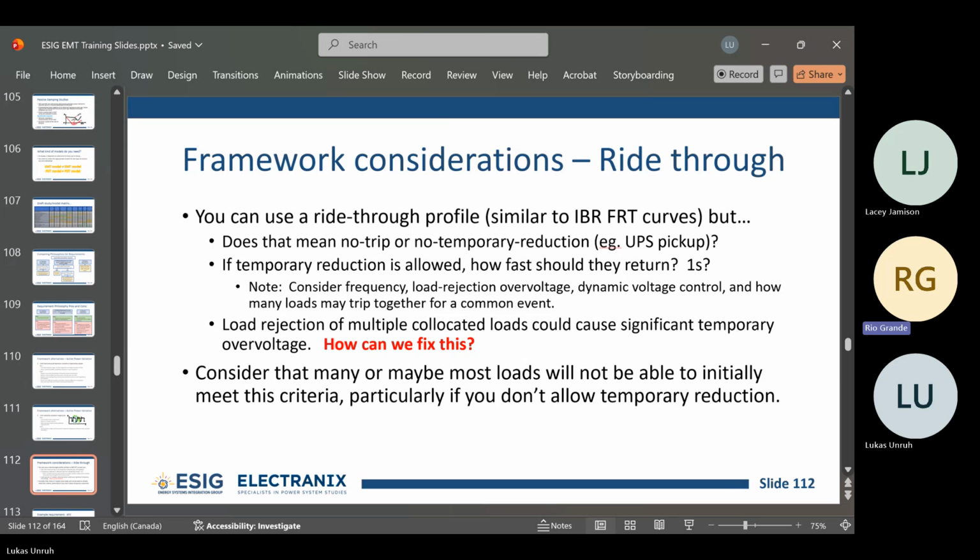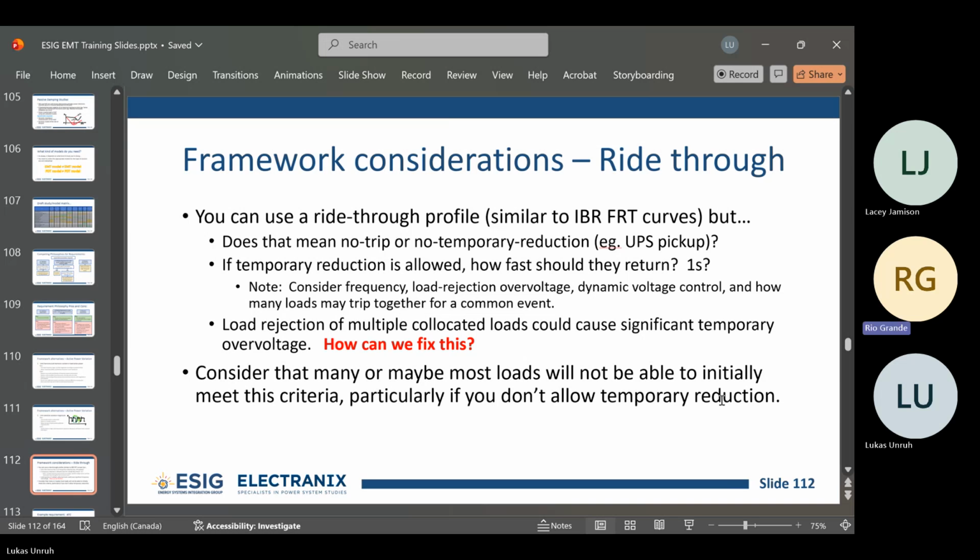As I mentioned, these loads are kind of where IBRs were maybe 15 years ago. They don't really have any ride-through capability at the load level. They're working to fix that, but if you set a very strict criteria, right now the capability to meet that is not really out there.